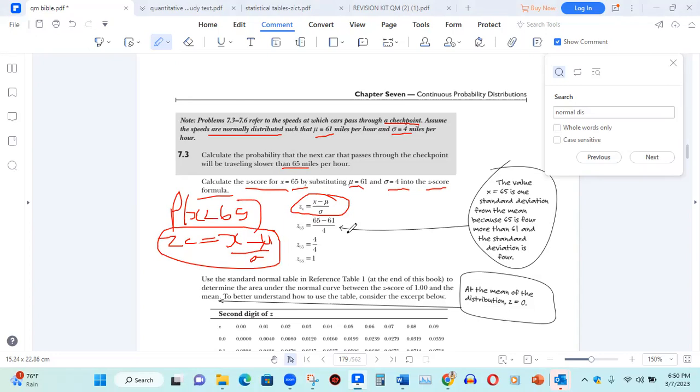Then z calculated is equal to 1. So now we are saying the probability that z calculated is less than 1.